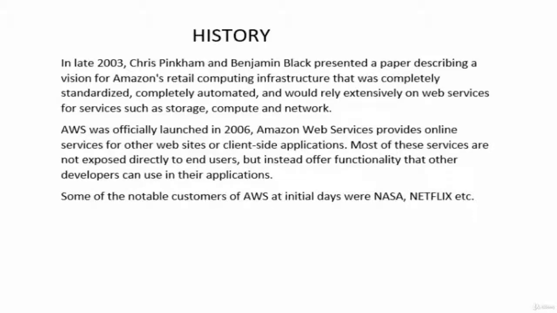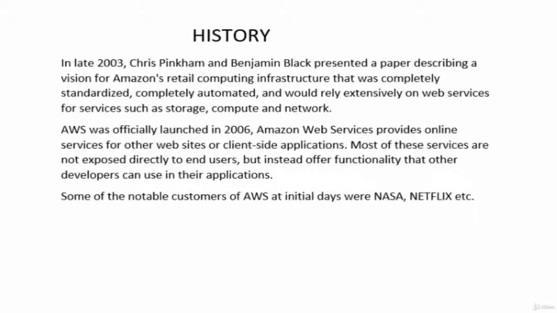Although AWS was launched officially in 2006, its idea was first presented in 2003. Chris Pinkham and Benjamin Black were engineers working at Amazon, and they presented a paper describing a vision for Amazon's real computing infrastructure.